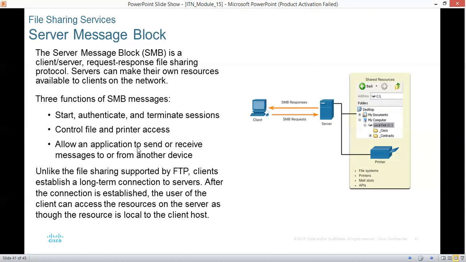It controls file and printer access, and allows an application to send or receive messages from another device. Unlike file sharing supported by FTP, clients establish a long-term connection to servers. After the connection is established, the user of the client can access the resources on the server as though the resources were local to the client host.